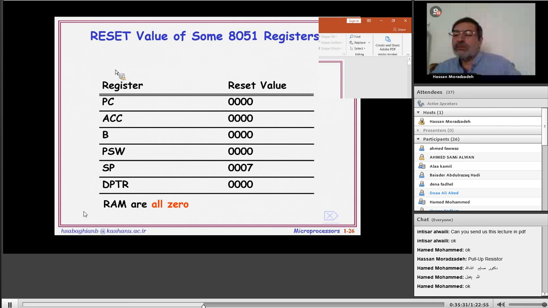DPTR means data pointer. The reset value of all of them is 0 except the stack pointer, which is reset to 7. I will explain that in the next slides. All of the RAM is reset to 0.